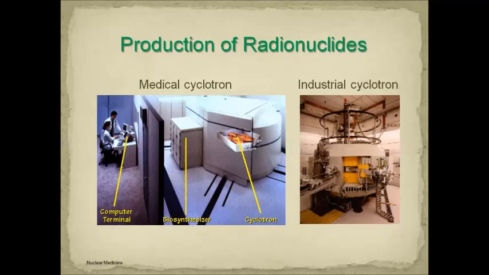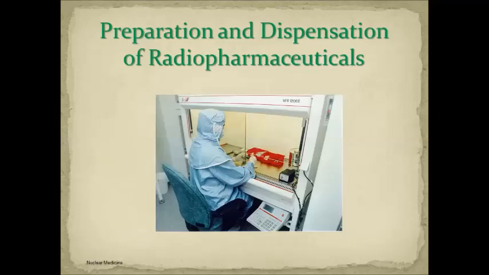Of course, it's not a very easy procedure, and not every radiological department can maintain such high technologies. But if the department can, then we go to the next steps of the nuclear medicine procedure.